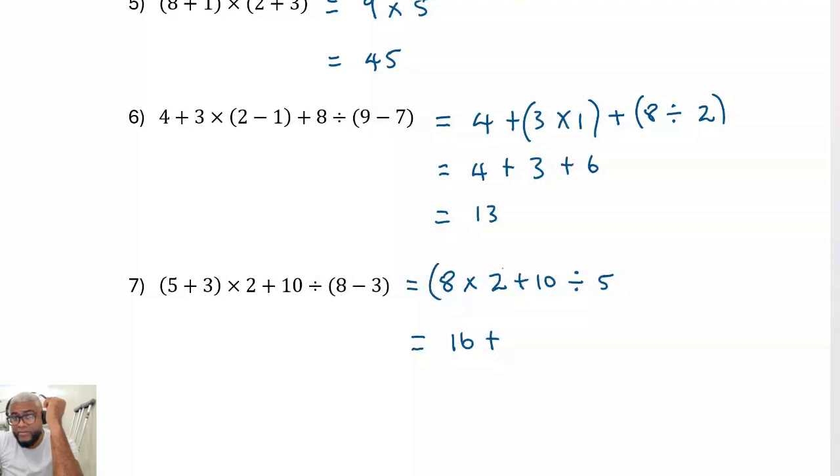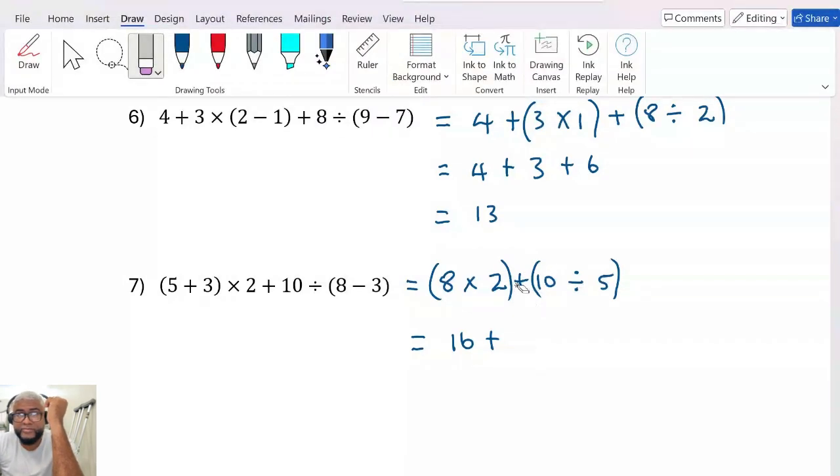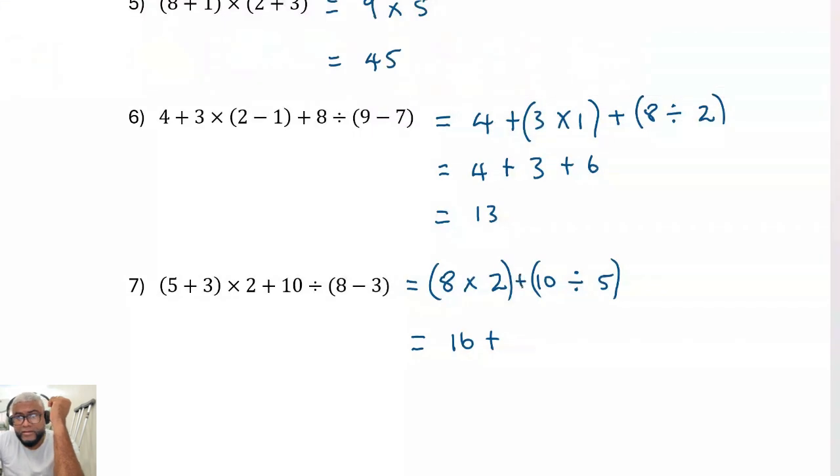We have to work out the multiplication and then the division before we can add. Do you agree, Ramo? Yes, sir. All right. So then 10 divided by 5 would be? 2. Right? And 16 plus 2, Ramo? 18, sir. 18. Right?